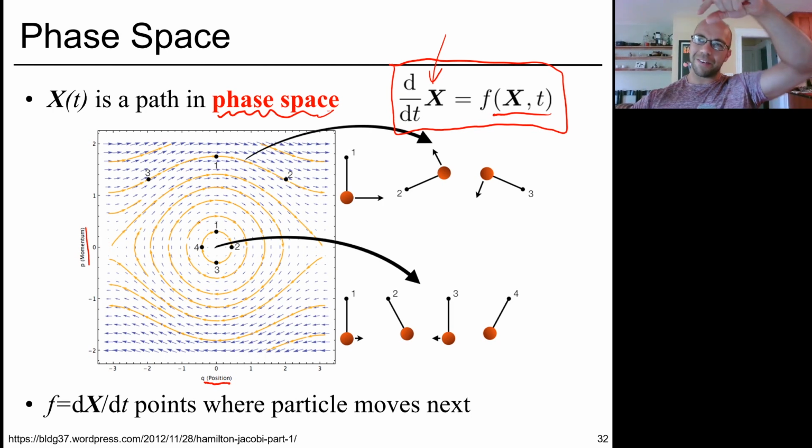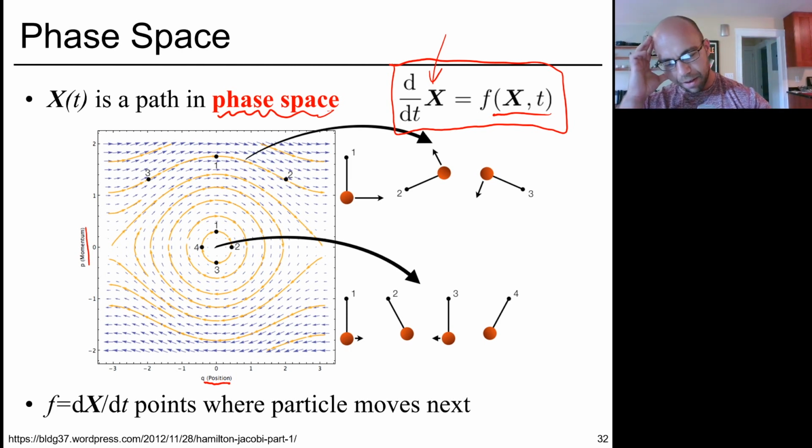So let's think about pendulums for a second. Remember, a pendulum may be a piece of string with a weight held on the end, so it swings back and forth. So the origin here, if I'm sitting at the origin, that means that my pendulum is at position 0, right at the bottom, and it has no velocity, so it just stays there. And that's what you see because your vector field is 0.